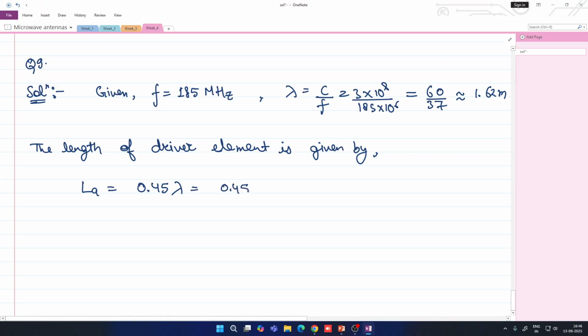So 0.45 times lambda, which is 60 by 37, comes out to be 27 by 37, approximately 0.729 meters.